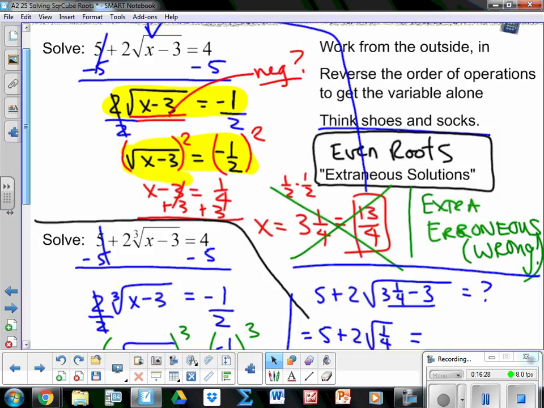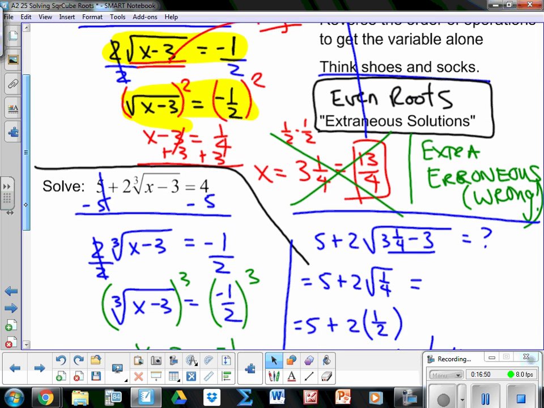When we did this with absolute value, again, back in like September, October, we isolated the absolute value. We got everything off of the outside of it. Well, we're doing the exact same thing. It's just instead of undoing absolute value and doing the plus or minus thing, we're undoing square root by squaring, or undoing cube root by cubing, or undoing fourth root by raising to the 4th power.